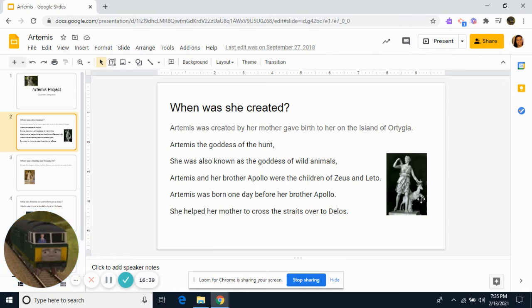Yeah, this is the pet that she has. Artemis and her brother Apollo were the children of Zeus and Leto. Artemis was born one day before her brother Apollo. She helped her mother to cross the straits over to Delos.